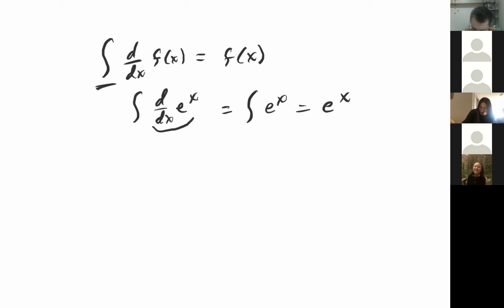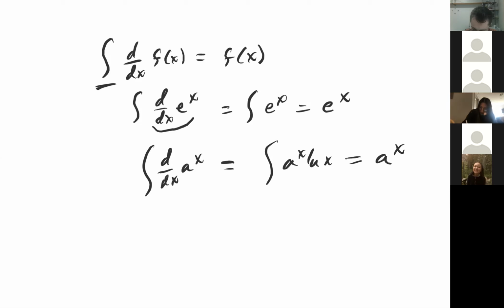So now the same principle applies to all of these exponential functions. So the derivative of a to the x is equal to a to the x ln a. And we want to get back a to the x. And so then what we have to ask is what's the antiderivative? What can we put over here so that we get back a to the x?